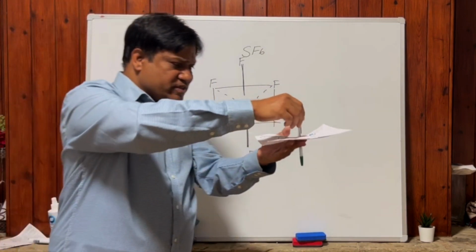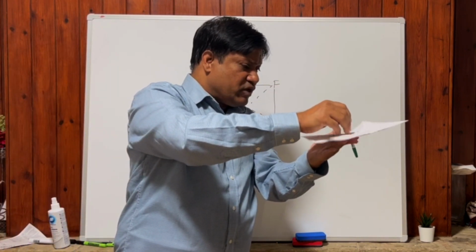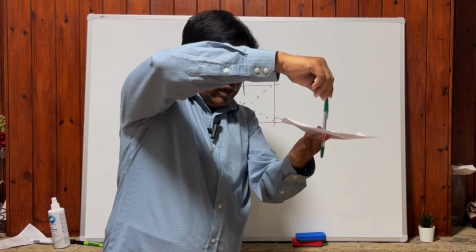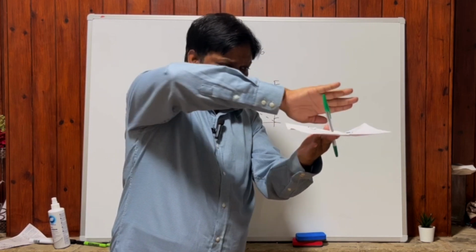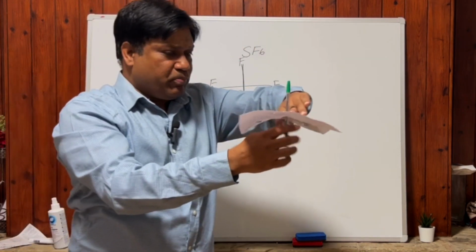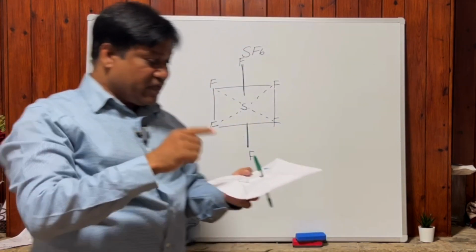So how many faces does it have? Look at that, guys. Please try to visualize. If you can't visualize, it's hard to memorize a compound. One bond here, 2 bond, 3 bond, 4 bond. 4 bonds from the top and 4 bonds from the bottom. So it has 8 faces.